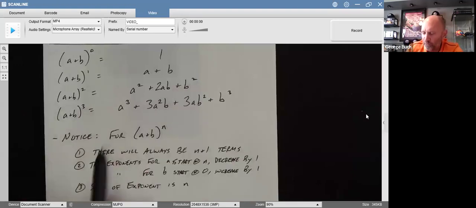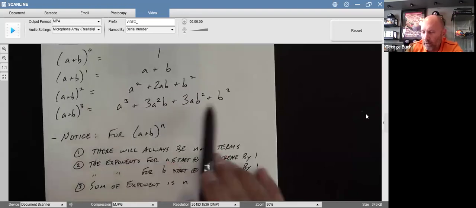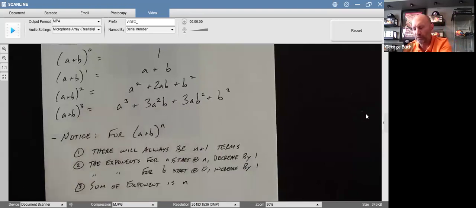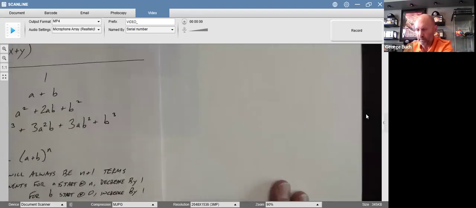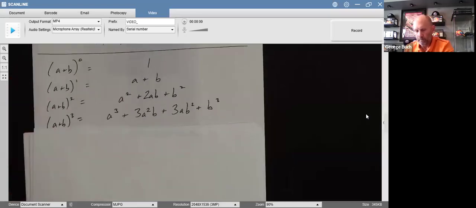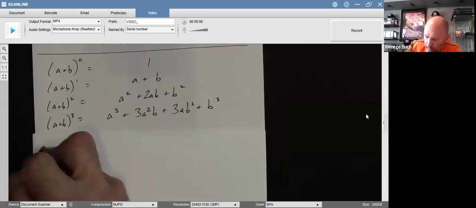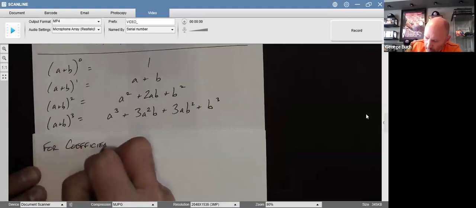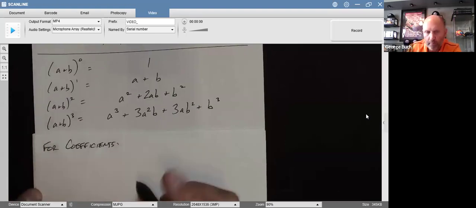But what about these numbers in front? How do I know that this is 1, 3, and 3 and 1? And how did I know this is 1, 2, and 1? Well, let's see if I can keep both pages on here. So for the coefficients, well, at a plus b to the 0, I just had 1.